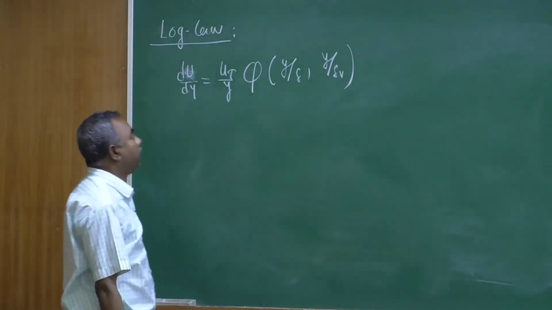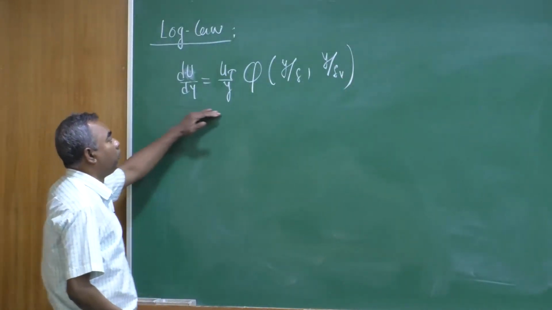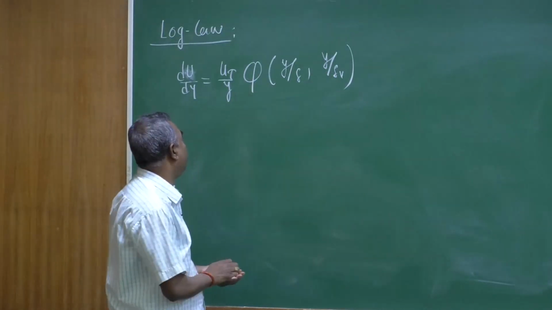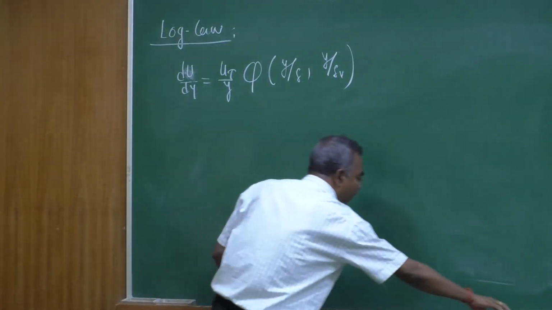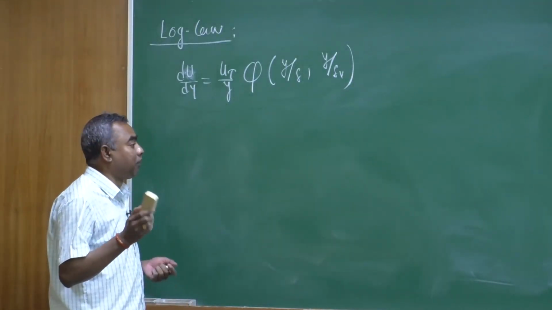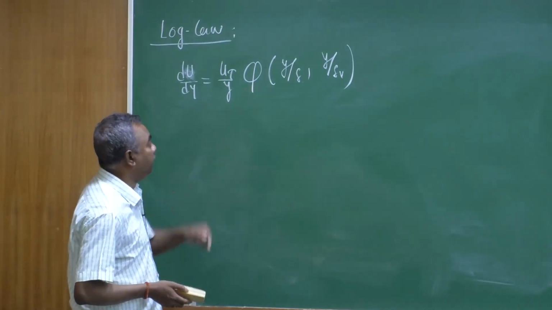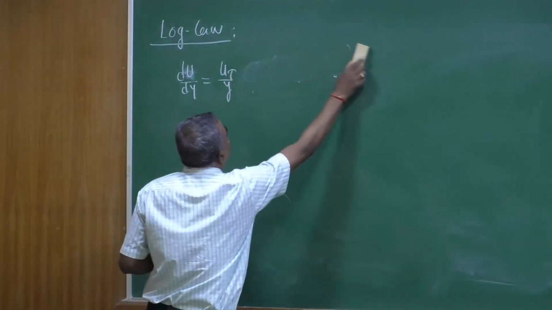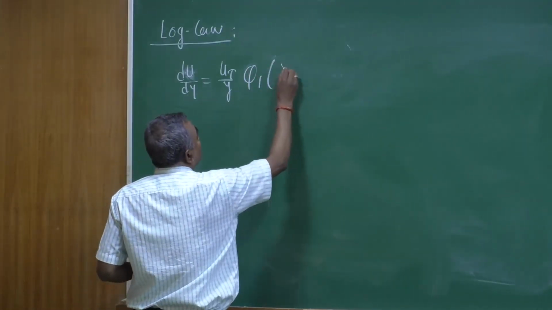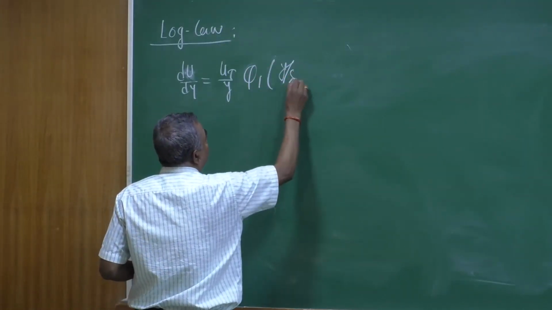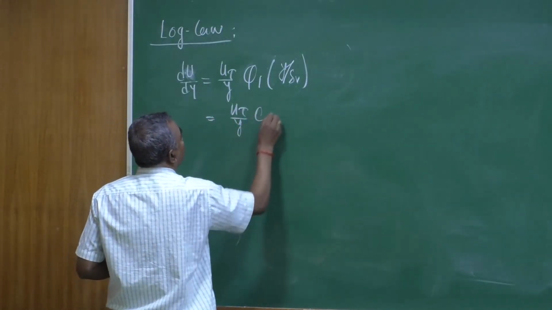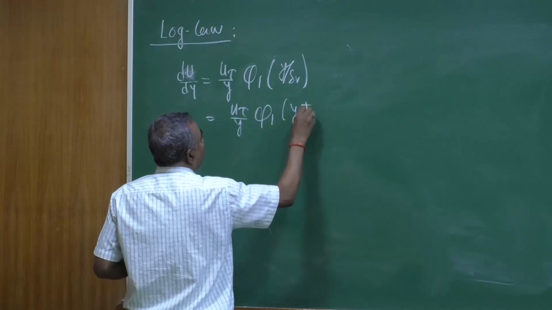What is the argument? Very close to the wall, this function phi becomes a function of y by delta v only. So in the inner layer, as per Prandtl's postulation, this function phi 1 is a function of y by delta v, that is y plus.